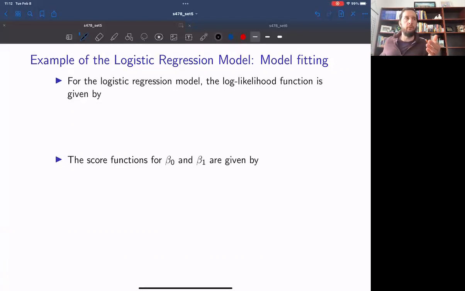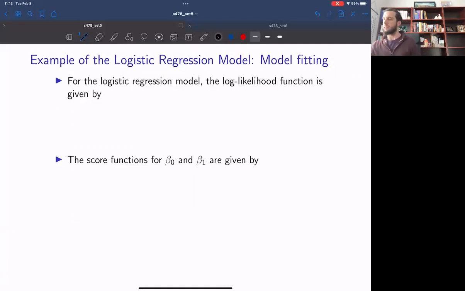We're not going to have closed form solutions, so we're going to end up with an iterative weighted least squares algorithm to fit the model, which is basically a Newton-Raphson style algorithm for GLMs.